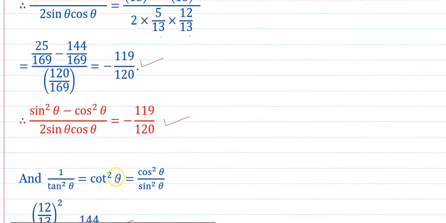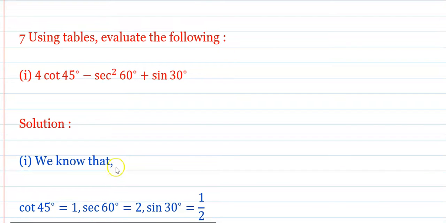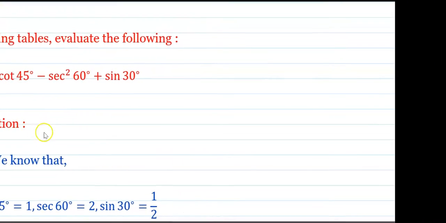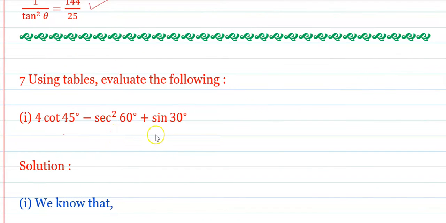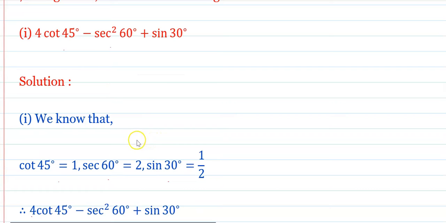Now next, question number 7. Using the table, evaluate the following: 4 into cot of 45 minus sec square 60 plus sin 30. These are easy values. Cot 45 is 1, sec 60 is 2, sin 30 is 1 upon 2.